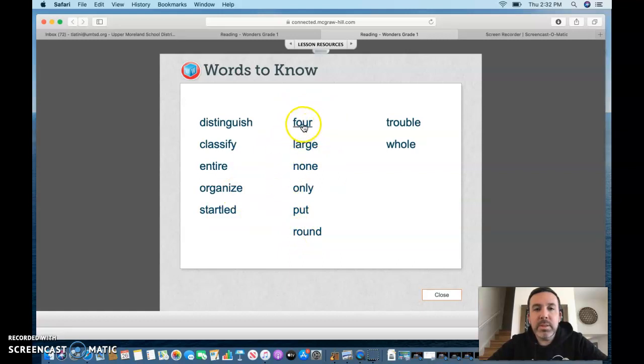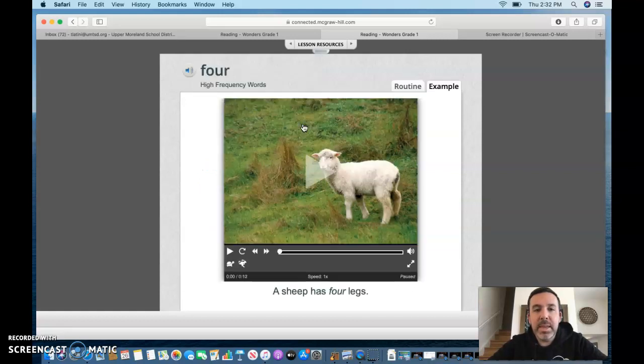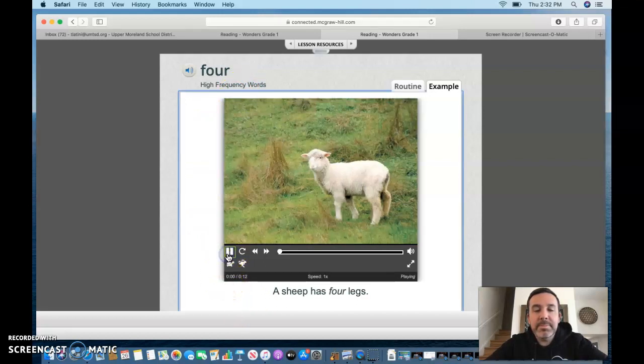So let's start with the first sight word here. This sight word is for. Can you say that word? Awesome. This word for is like the number 4. And the sentence says, a sheep has 4 legs. Let's listen. For.